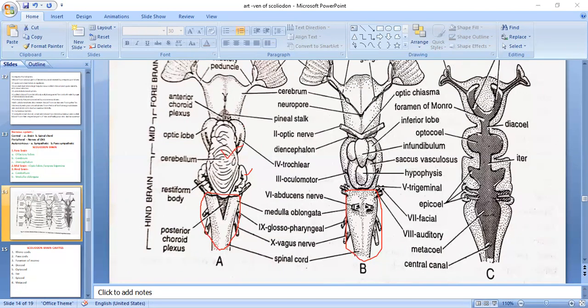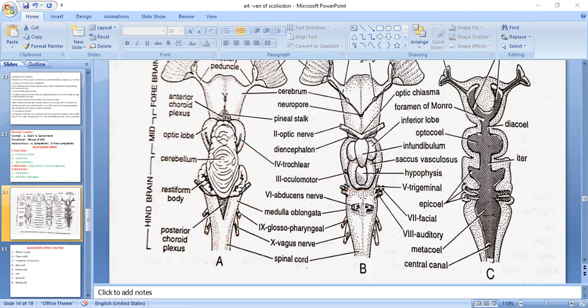And I forgot, from the midbrain not only optic nerves but also the third, oculomotor, and the fourth cranial nerve, trochlear, arise from the lateral parts of the midbrain.